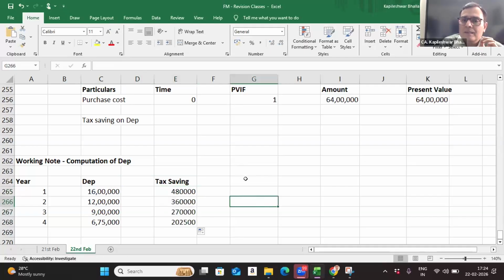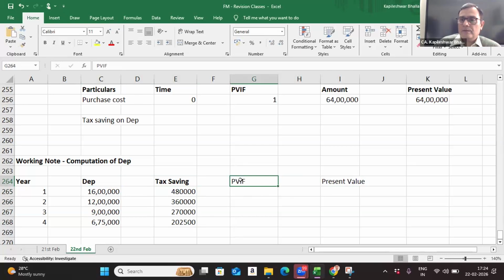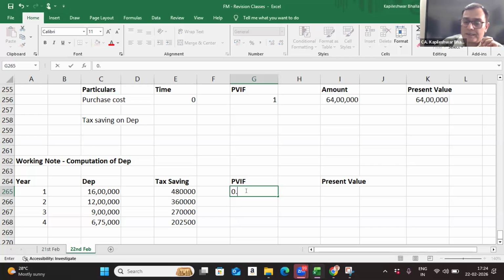I think let's do one thing. Let's do the discounting also at this stage. So we take the PVIF and get the present value as well. So let's see what is the PVIF at 8%. So that's 0.926. Then it is 0.857.